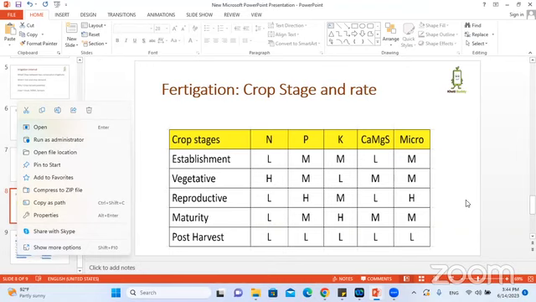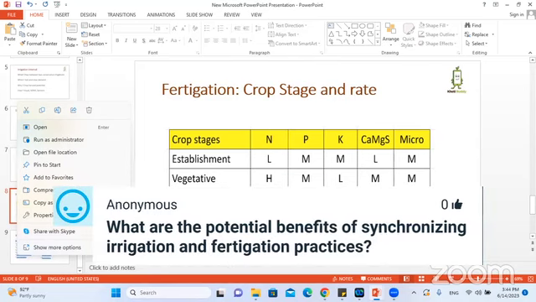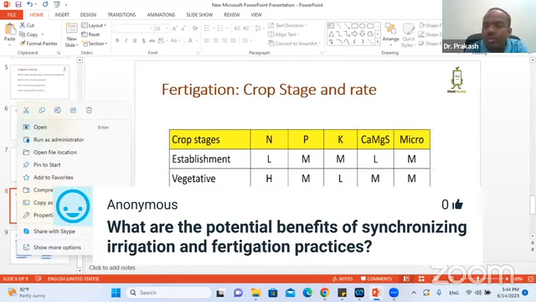Next question is, what are the potential benefits of synchronizing irrigation and fertigation practices? It's a very good question. We are growing different crops in our area, and there is a shortage of labor.